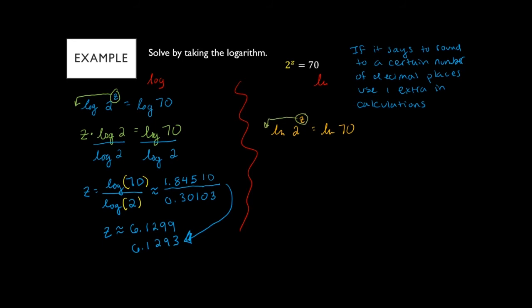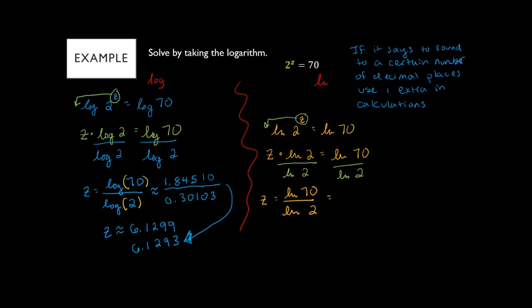It's just a matter of pushing different buttons on your calculator, because you're still going to have z times the natural log of 2. Instead of log, it'll be natural log. And then the natural log of 70. And then you divide both sides by the natural log of 2.